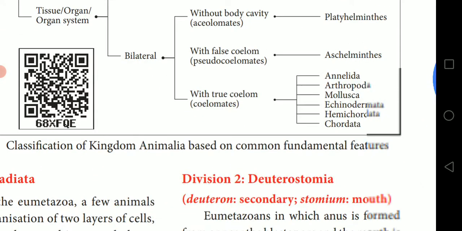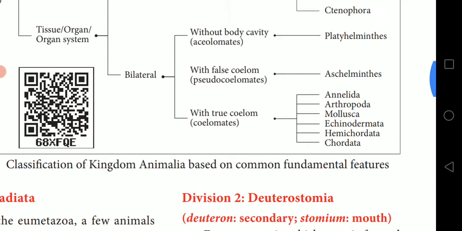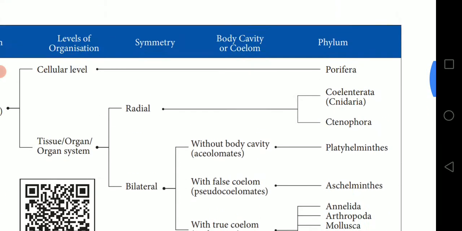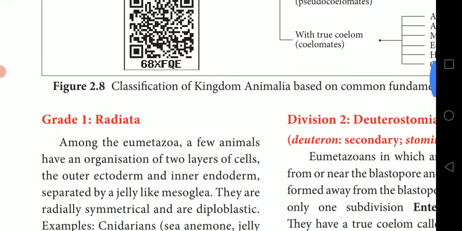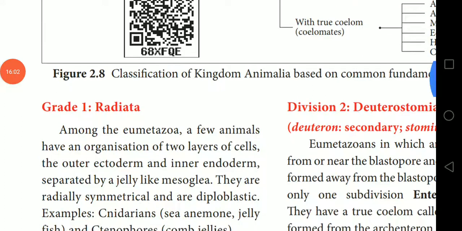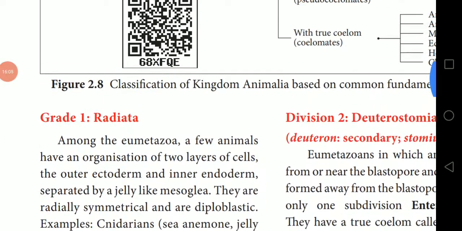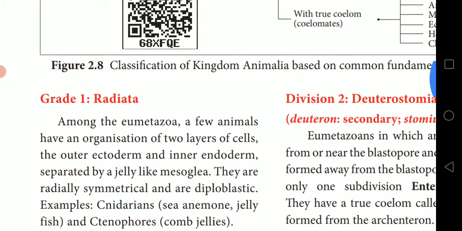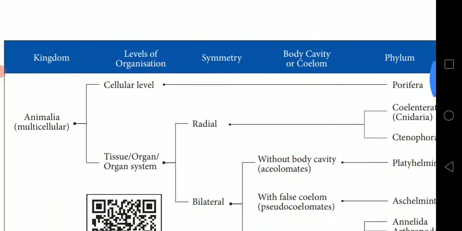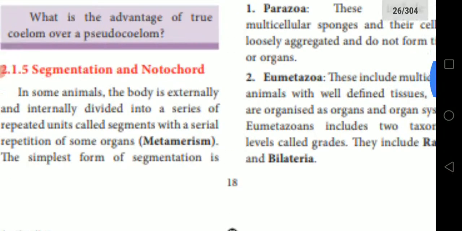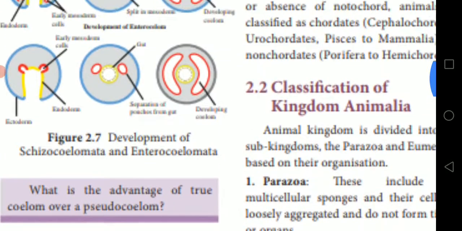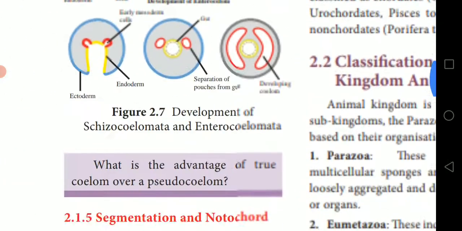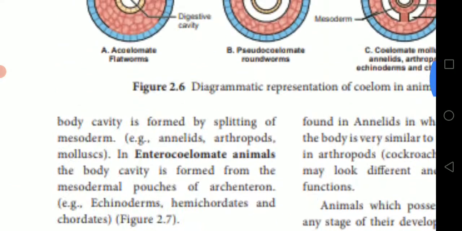And the phyla: Porifera, Coelenterata, another name for which is Cnidaria, then Ctenophora, Platyhelminthes, Aschelminthes, Annelida, Arthropoda, Mollusca, Echinodermata, Hemichordata, Chordata. These are the classifications of kingdom Animalia based on common fundamental features.